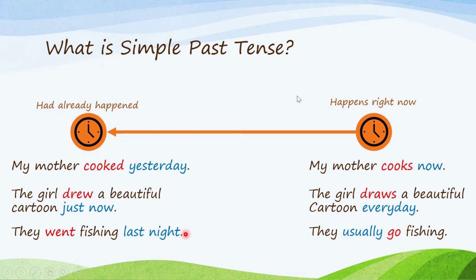To change it into past tense, untuk tukar kepada past tense, go, kita tukar kepada bentuk ini, went. Past tense kepada go adalah went. They went fishing last night. Alright, timeline ataupun masa ini kita gunakan untuk menandakan ayat itu telah berlaku, had already happened. Alright, let's go. Next slide.